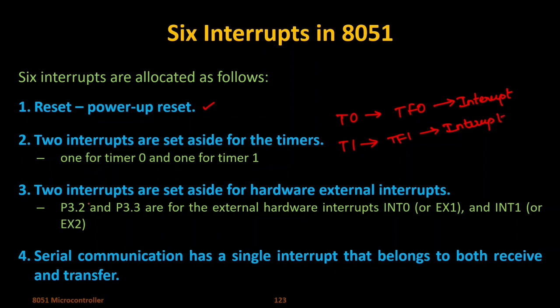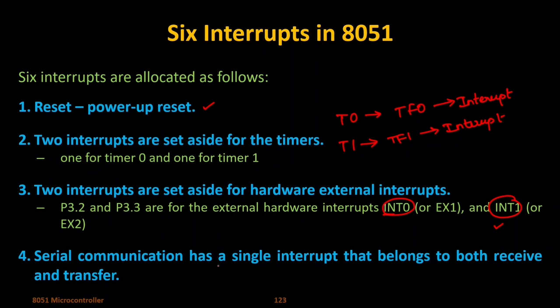While you are using port 3.2 and 3.3, these are going to be your external interrupts, which are provided in terms of switches. We have already seen this in our kit, right? Port 3.2 is going to be interrupt 0, and port 3.3 is going to be interrupt 1. In programming, we have to make use of this port 3.3, interrupt 1.